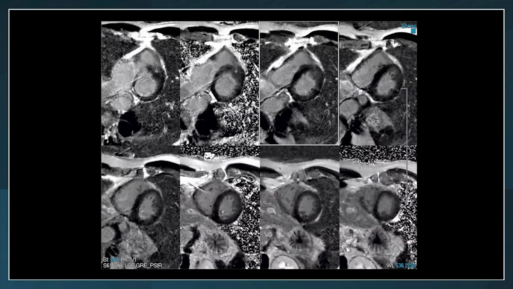When we see the late enhancement imaging, there is no evidence of infarction. There is a small focus of late enhancement, maybe indicating a very small scar. The perfusion defect being so much larger than the late enhancement area suggested a reversible perfusion defect caused by a tight stenosis in the proximal LAD territory.